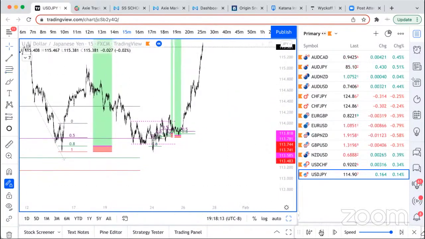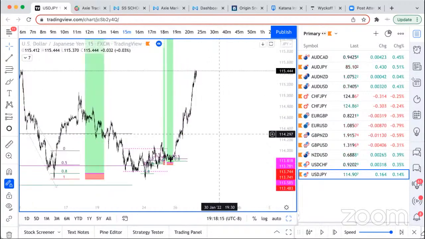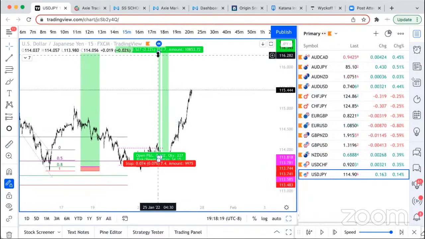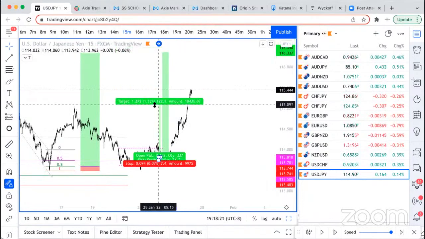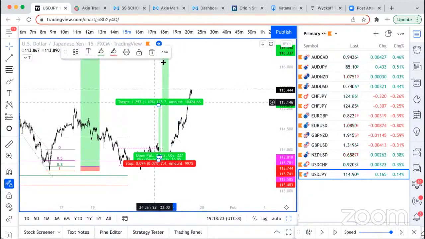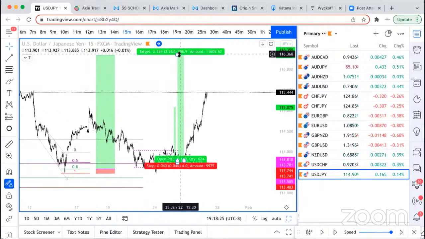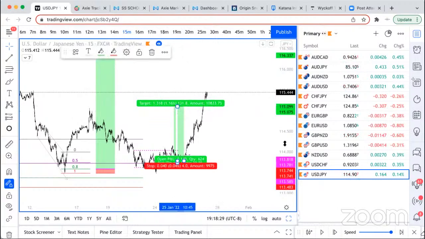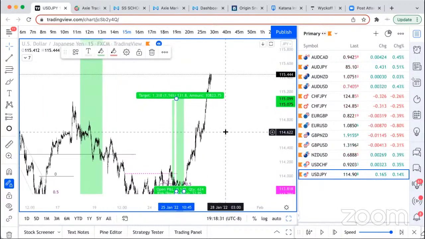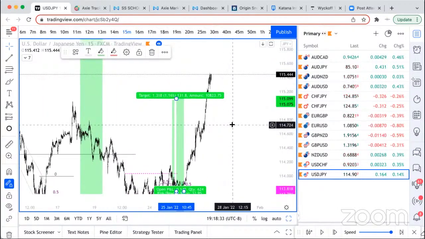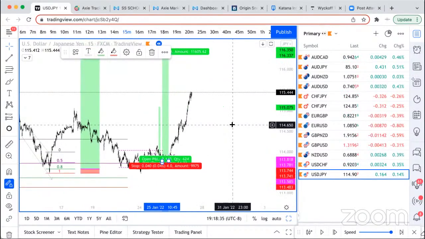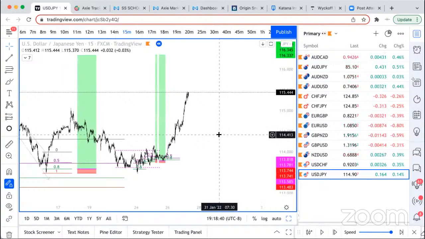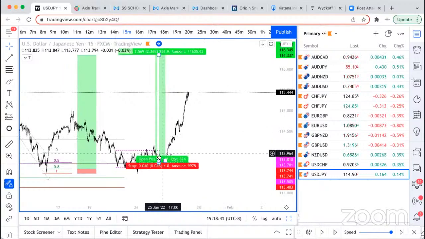Here's where we're taking our first partials relative to the 50%, which would be about a 1 to 16. And we're taking our second partials relative to the 80%, and that will be about a 1 to 32. So as of right now, we're just waiting down here.